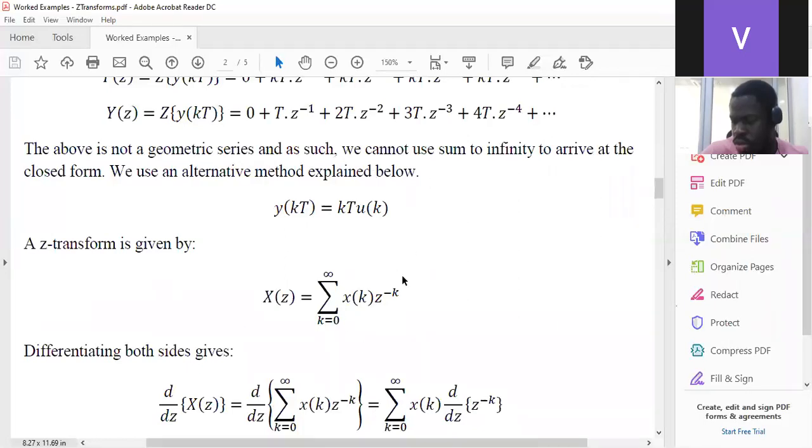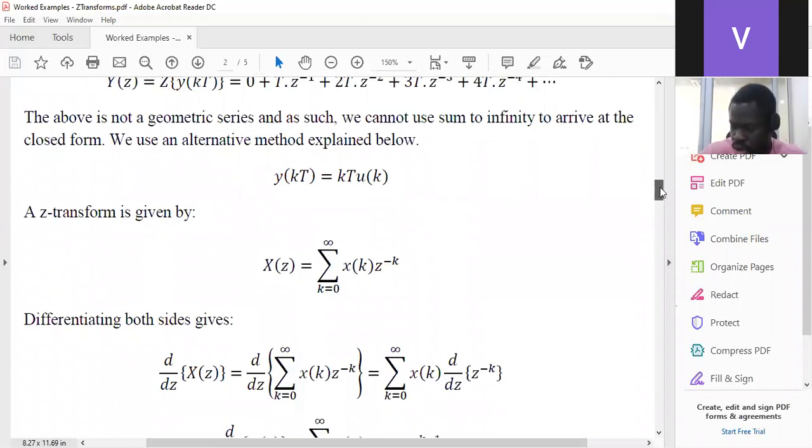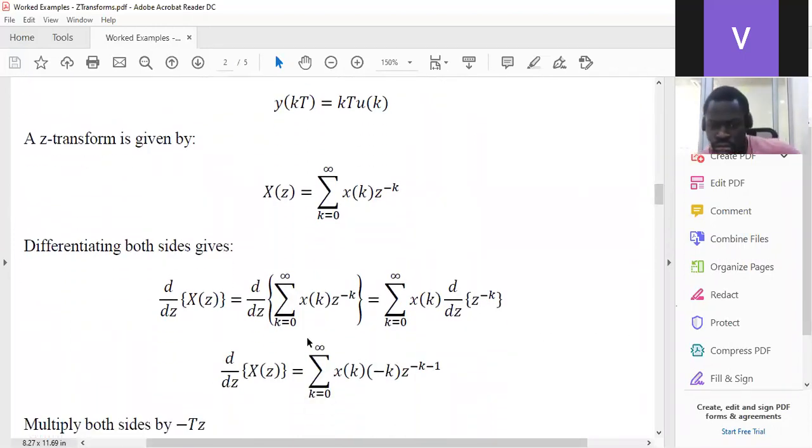So we are starting with the unit step, and we say let x of k be equal to the unit step. Then we differentiate it because we know the differentiation of the unit step is going to give us the unit ramp. That's the reason why we had to differentiate.